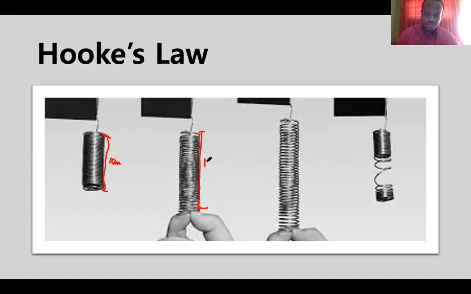We stretch this to 15 meters. What if we let go? What will happen? It will go back to its original form, back to 10. And now if we stretch it from 15 meters down to 20, it hasn't reached its elastic limit yet, so it's now at 20.